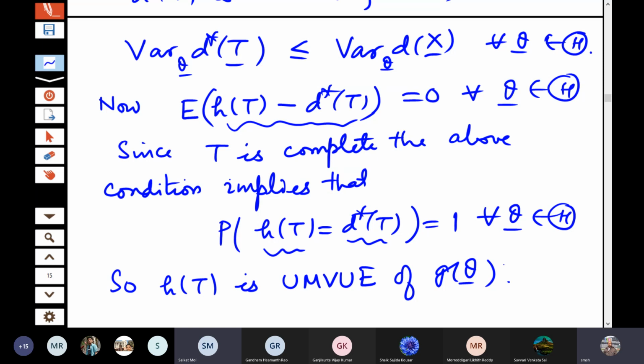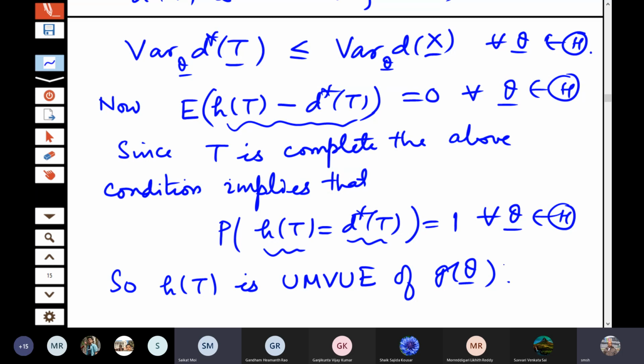First of all, for many problems we had shown using the Rao-Cramér lower bound that the result came for minimum variance unbiased estimation. But one drawback of the Rao-Cramér lower bound was that if for a parameter theta I am able to obtain a UMVUE because the variance of the unbiased estimator equals the lower bound, then for any non-linear function of that parameter we cannot apply the Rao-Cramér lower bound because it will not be attained.